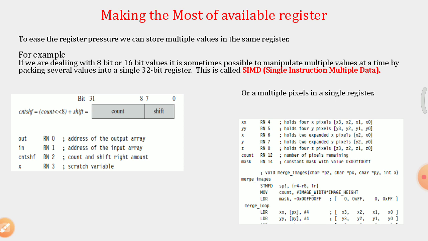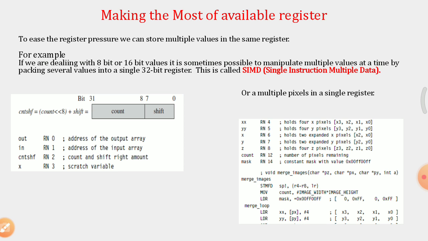So here register 2 is going to store the count value as well as the shift value within a 32-bit data size. So this is SIMD, single instruction, but having multiple data.